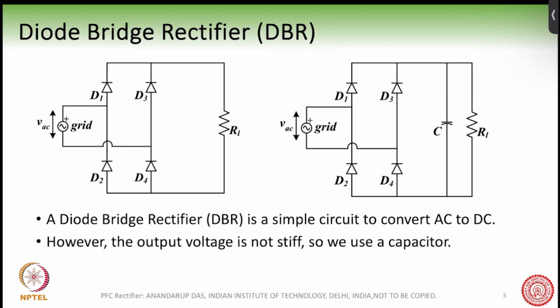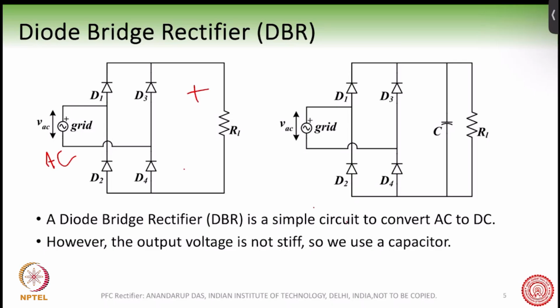Now, let us quickly see what we already know. When we want to convert from AC to DC, as you can see here, we have the AC on this side and the DC on this side.